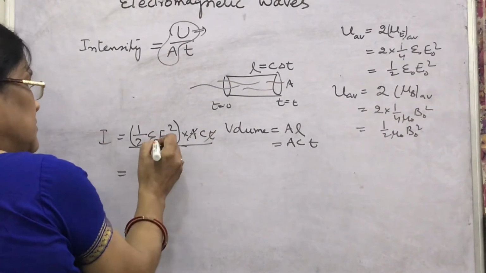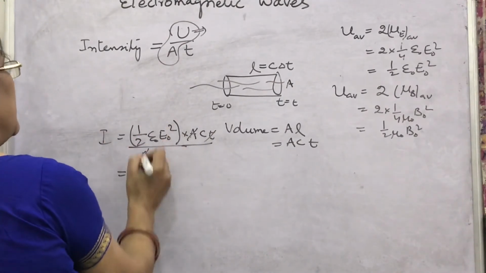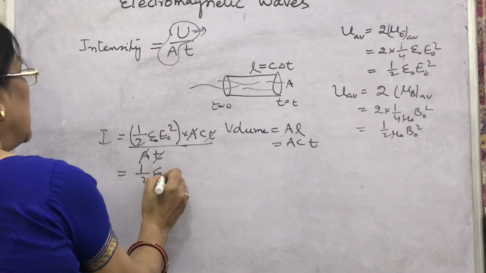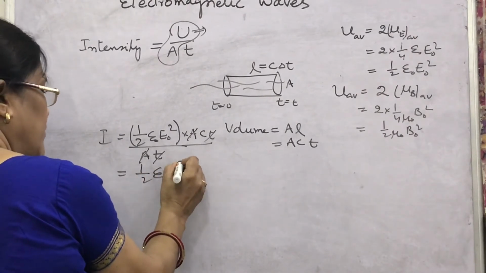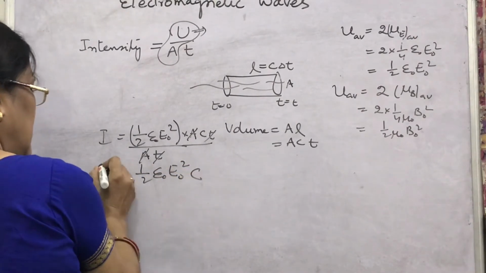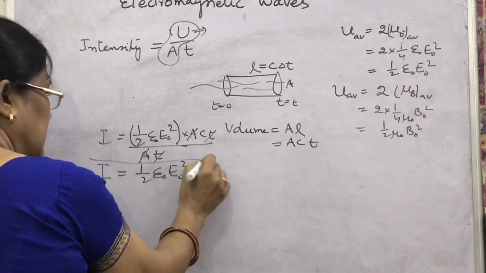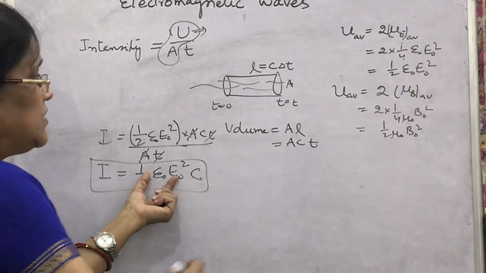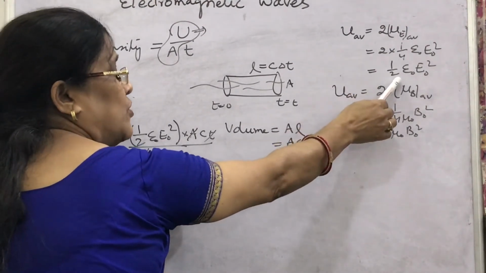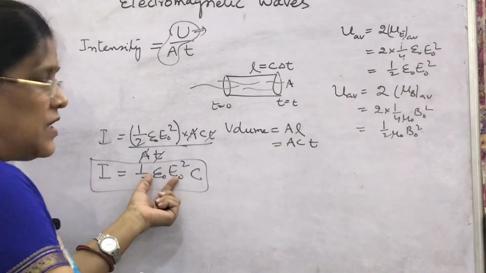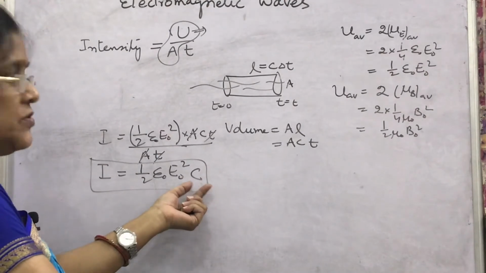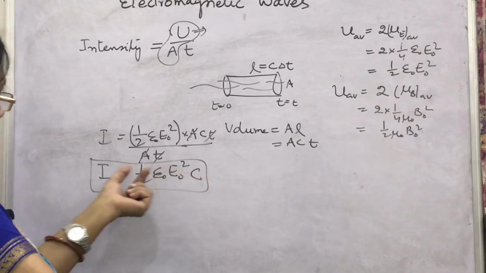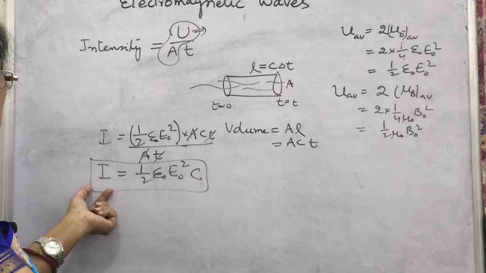Then in terms of energy per unit volume, what is the intensity of EM waves can be given? This is the expression: this is the energy per unit volume or energy density of EM waves, into c. So energy density into c is the intensity of EM waves.